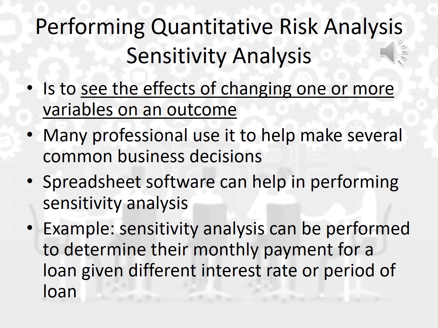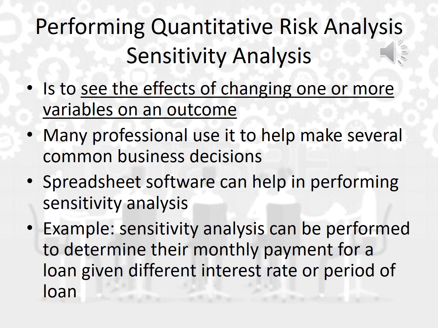Now, I mentioned to you that which one of these three I can use, such as decision tree, simulations, sensitivity analysis. I mentioned to you before that there are certain factors that will affect the selection, such as the nature of the project, what type of project I'm doing. That's one part that can affect choosing which technique or model.